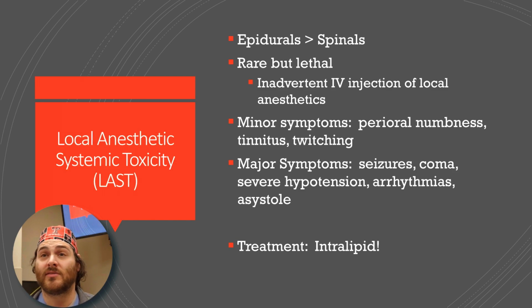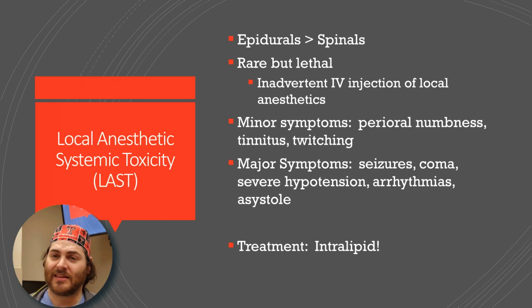Minor symptoms of this: if, let's say, I place an epidural, I'm going to give that test dose to see where that epidural is. It's either in the epidural space, beyond the epidural space, in the CSF, which can cause a high spinal, or in a vein, probably not an artery, but usually a vein.